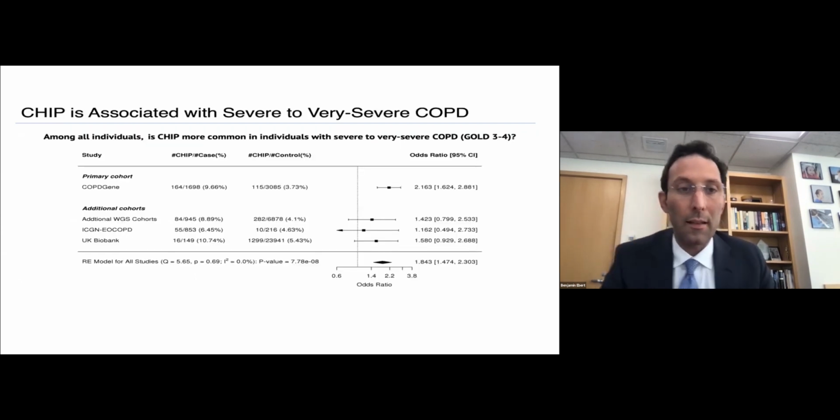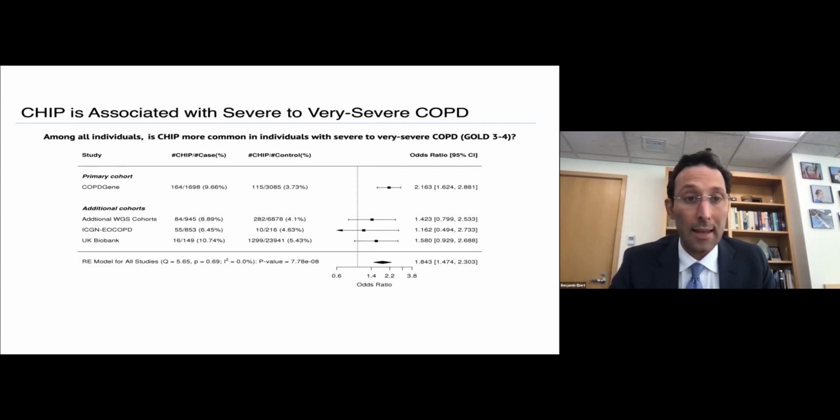We found that in these data sets in aggregate, we were able to see an association between CHIP and COPD, as well as an association between CHIP and severe COPD.